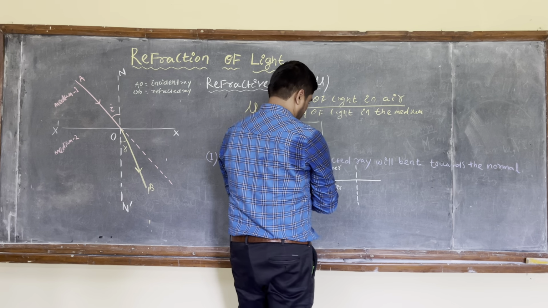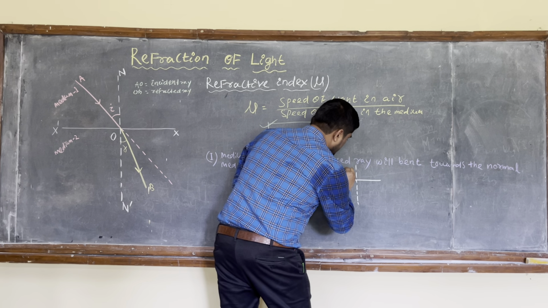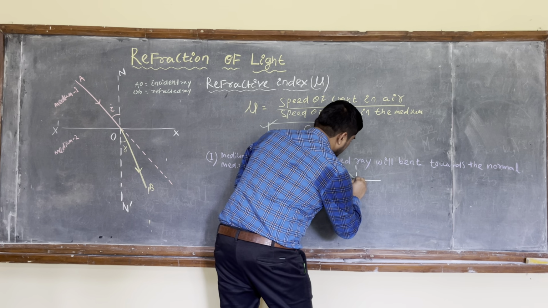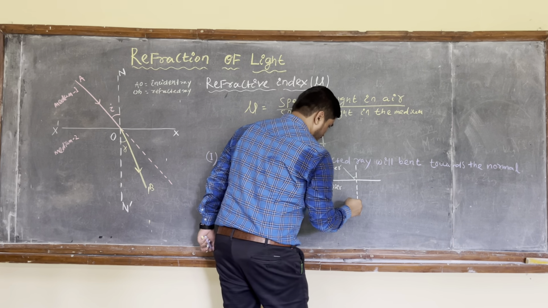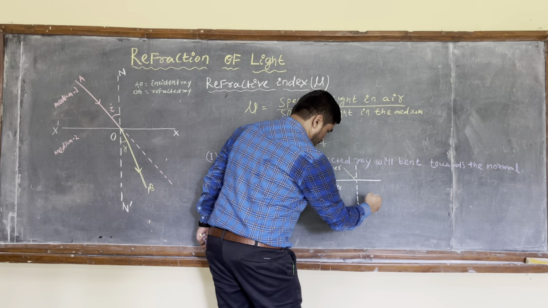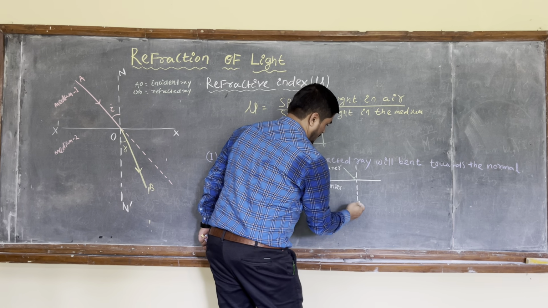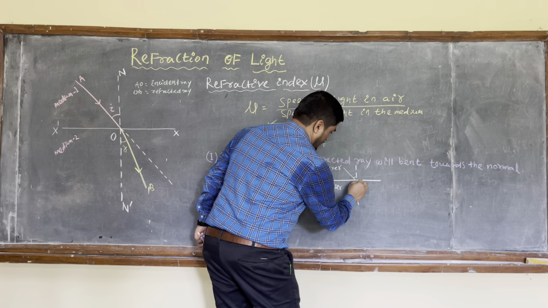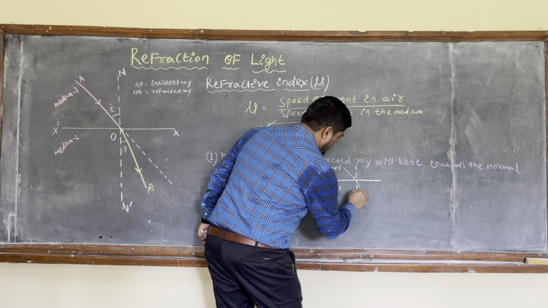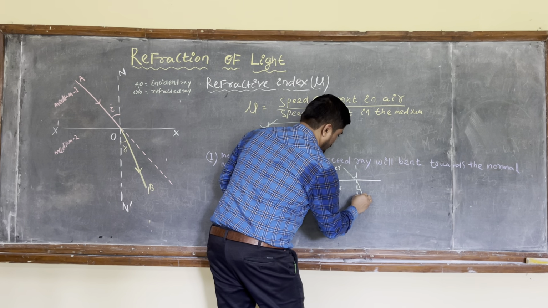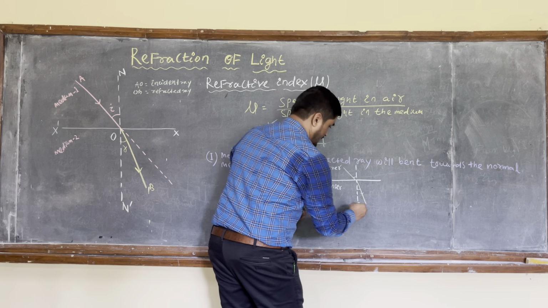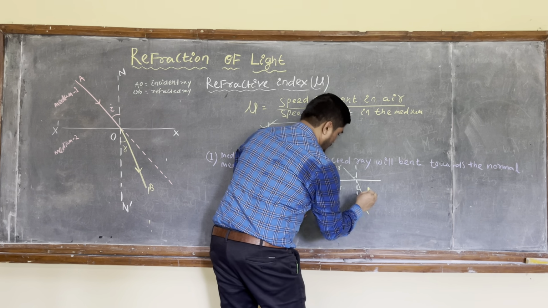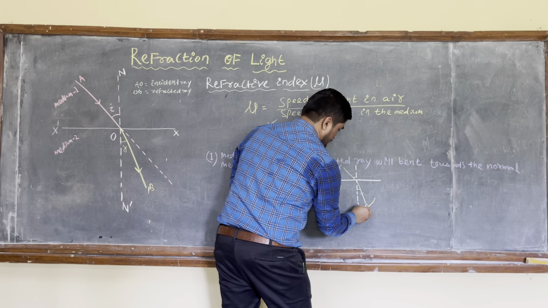In that case, if this is the incident ray and this is the angle of incidence, the refracted ray will bend towards the normal. That means this will be the direction of the refracted ray. You have to remember.